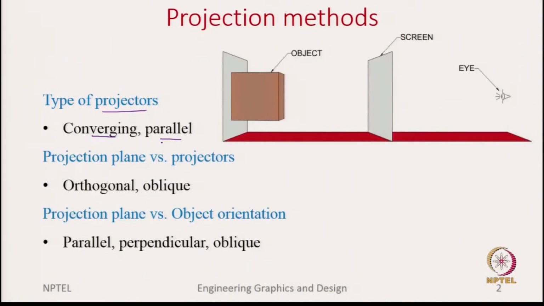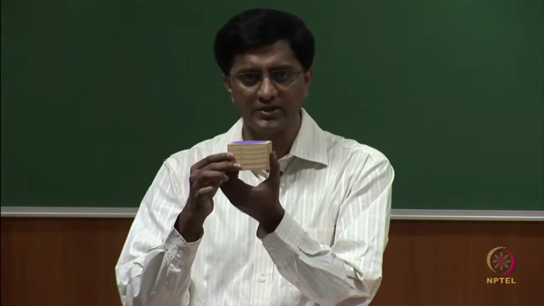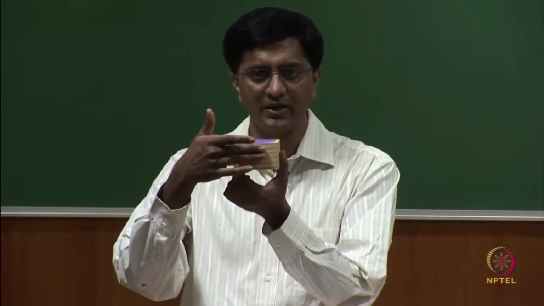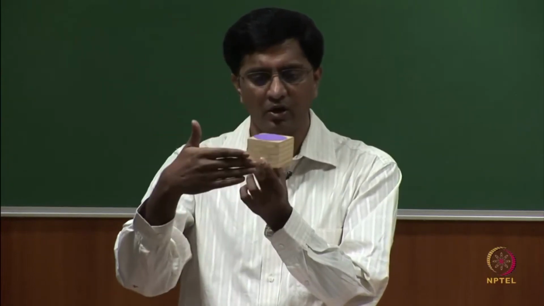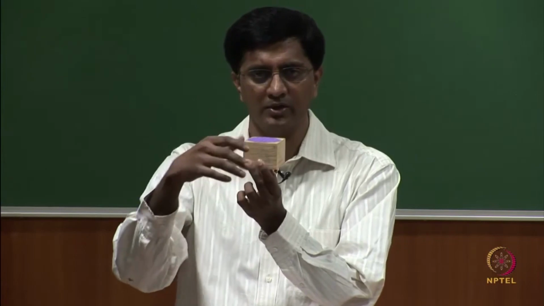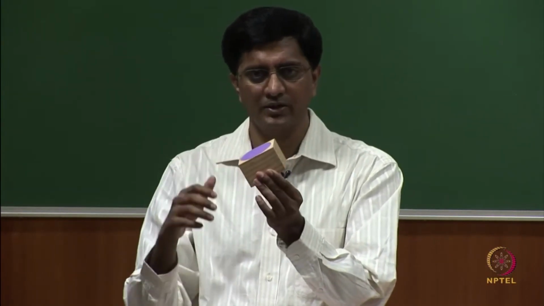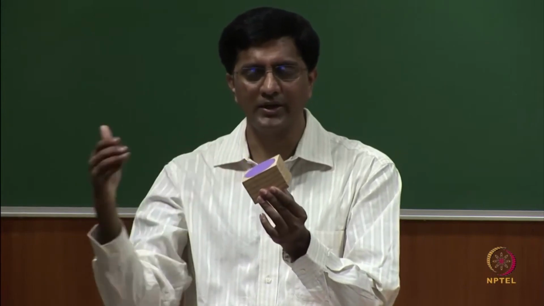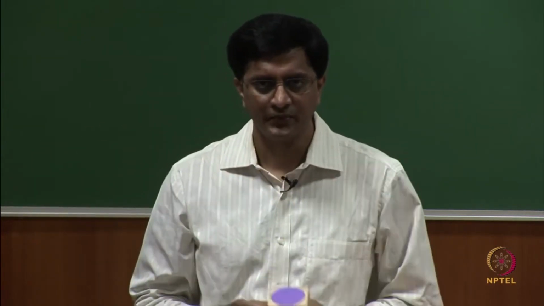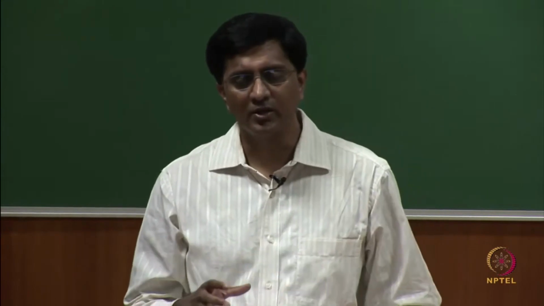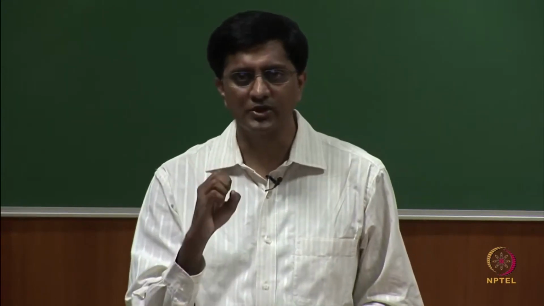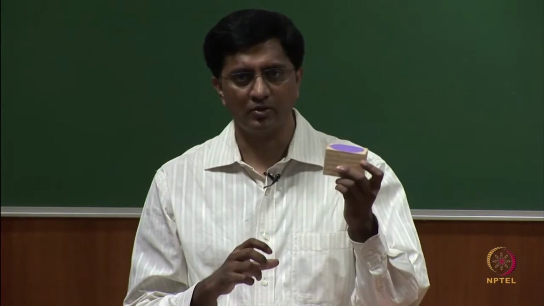And the last category is the projection plane and the object orientation. You can orient the object such that it is parallel or perpendicular to the projection plane. We can also put it in an inclined fashion, then we call it oblique, and there are many other categories in this. So, as we are seeing, there are many ways to capture the different views of the object.